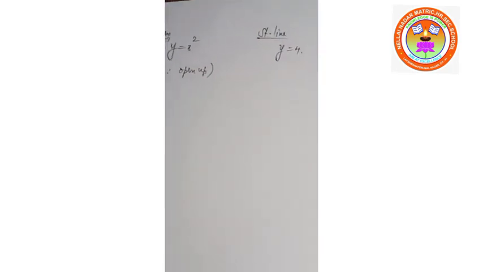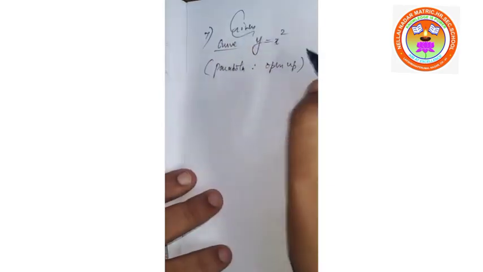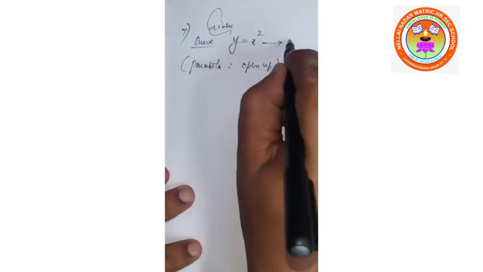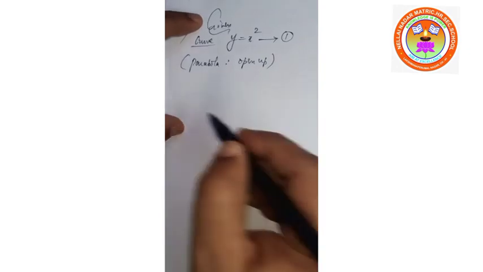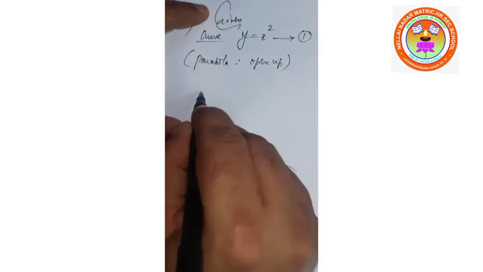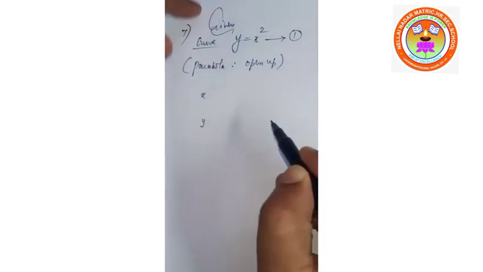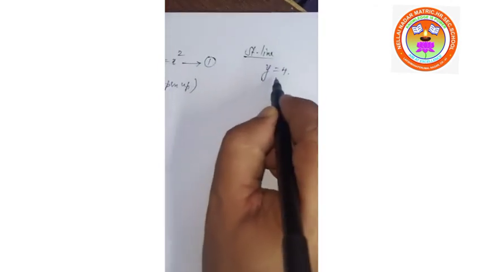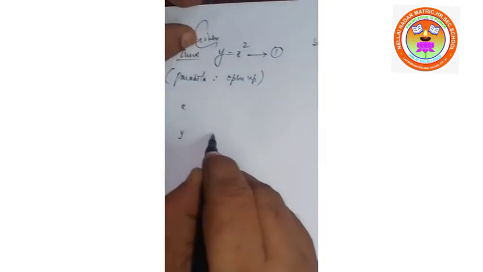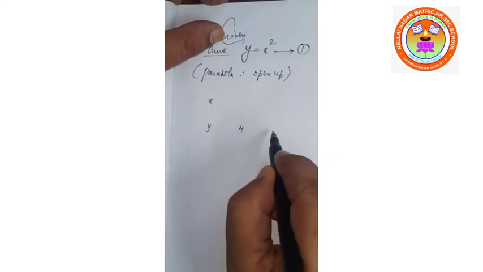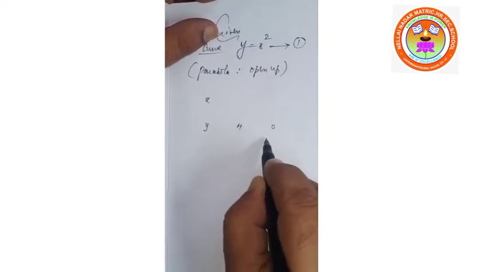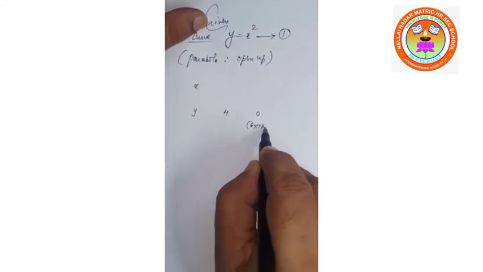Right now, let it be equation number 1. x, y: you are given y equals 4. I take one extra point, 0, which is not given.